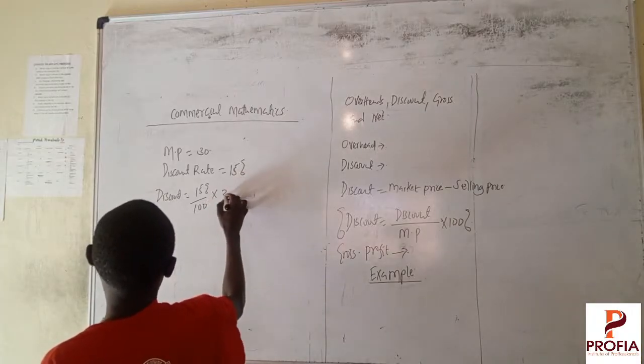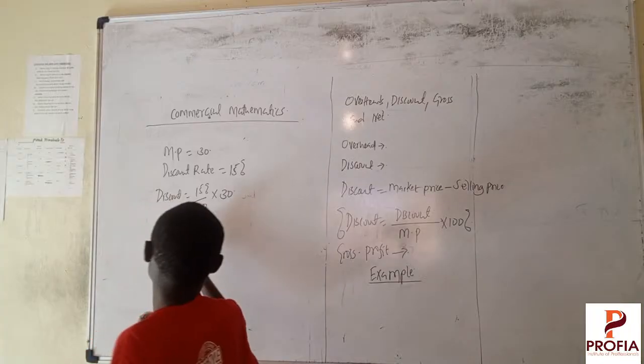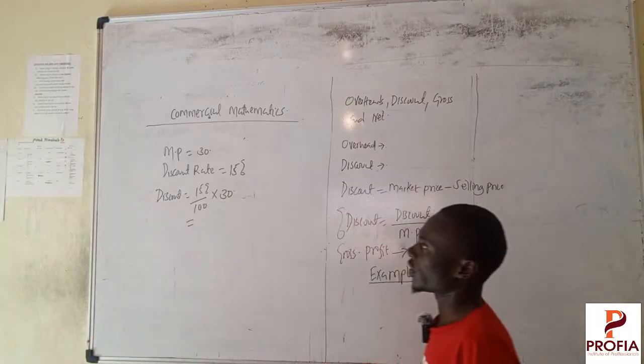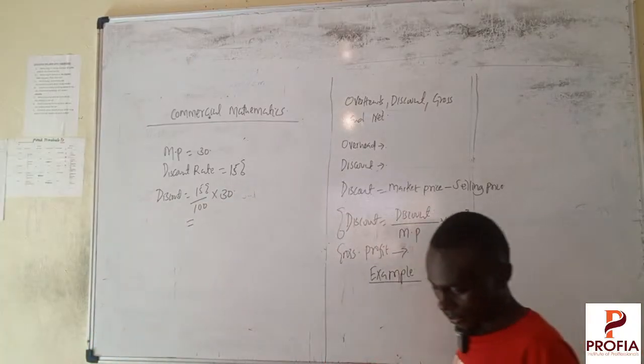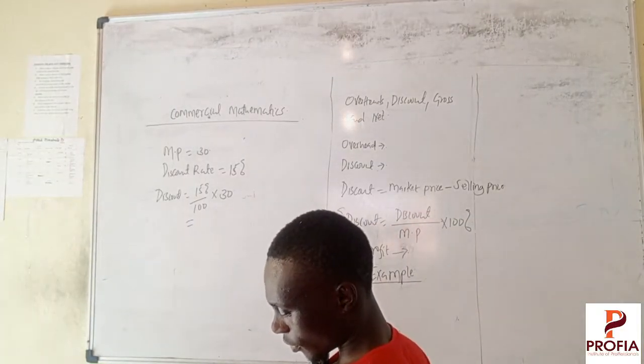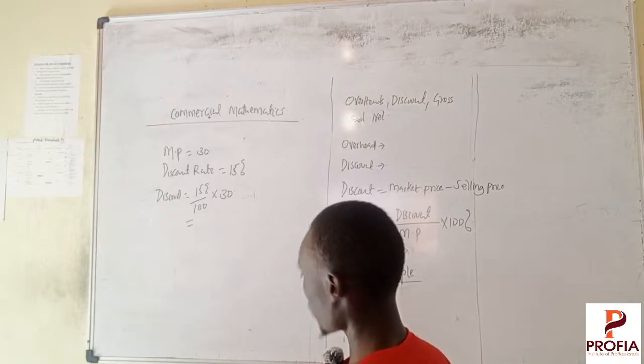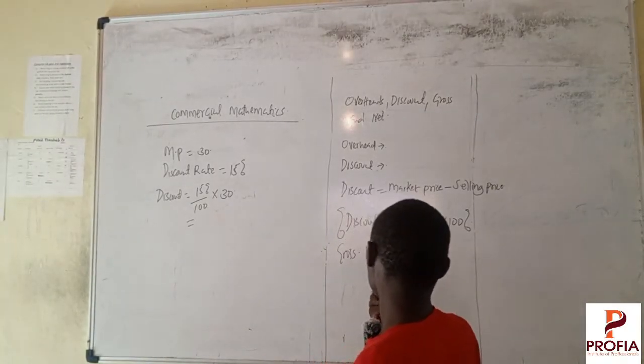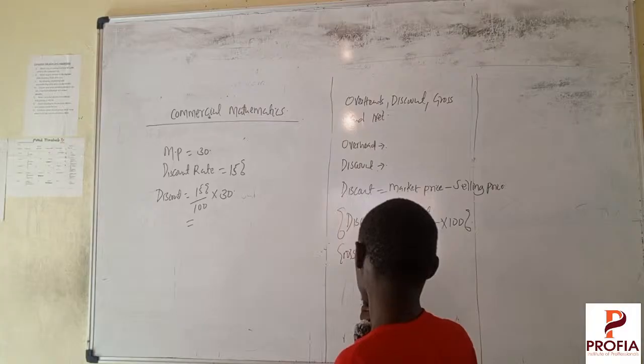So this one will be our discount, which is 0.15 multiplied by 30. What is the answer?